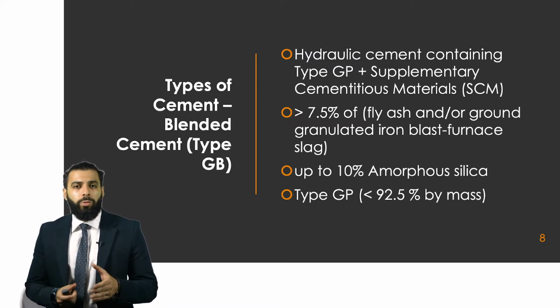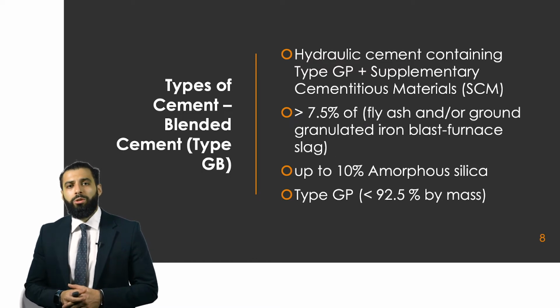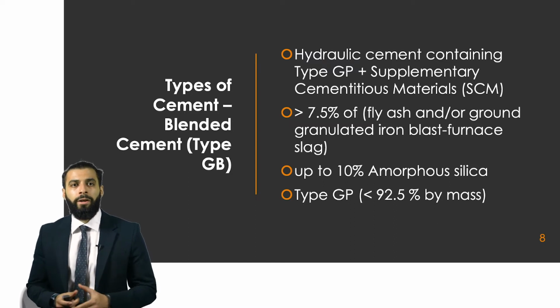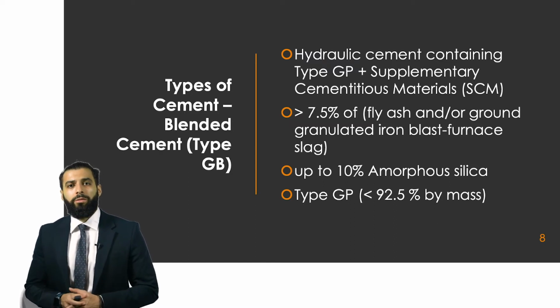The reason that we would adopt such a type of cement, type GB, is to make the cement more sustainable, if you like, and that's because you're replacing part of GP. GP cement is of course produced from the process that requires you to get clinker, as I described in one of my videos.